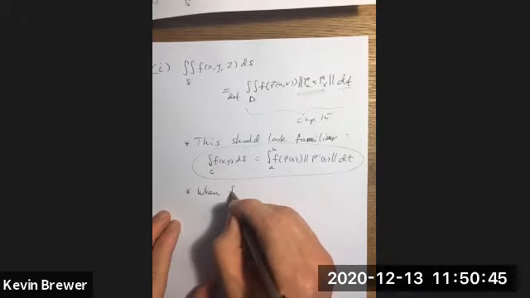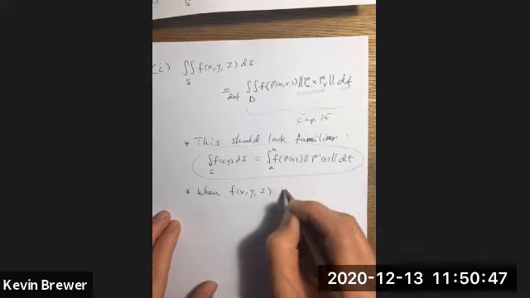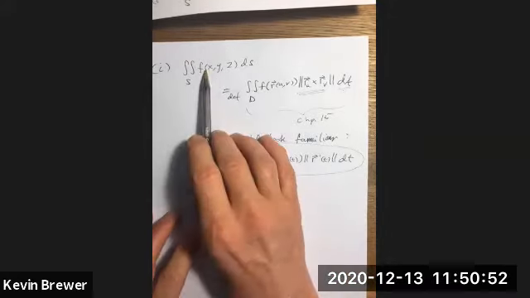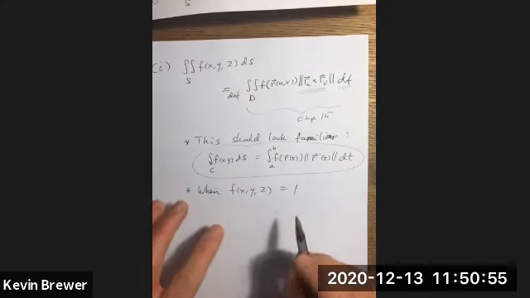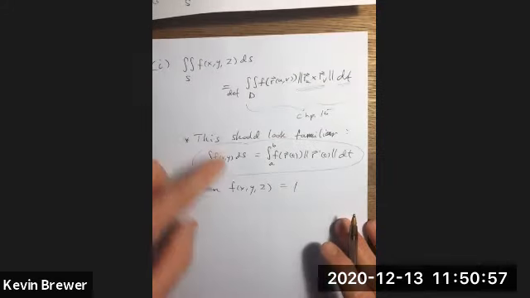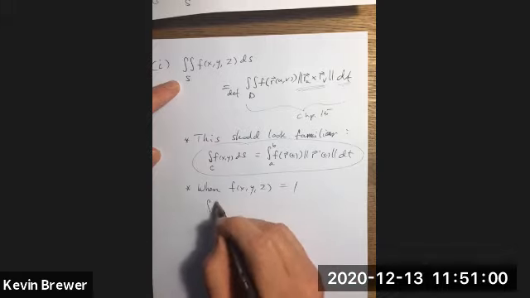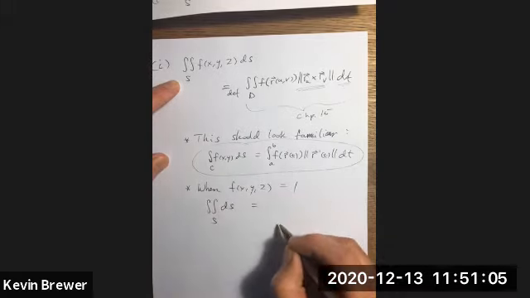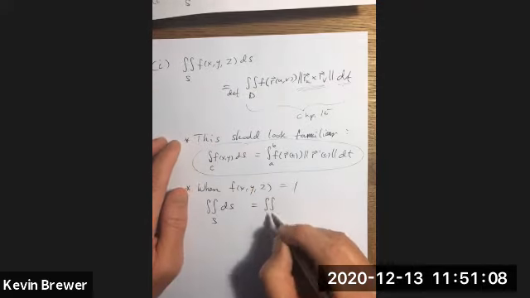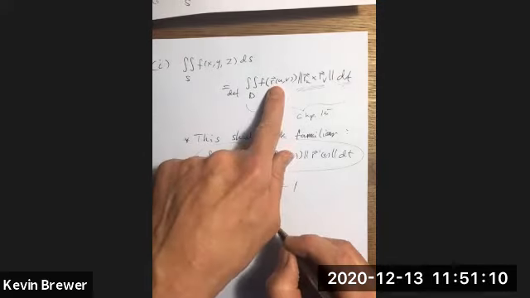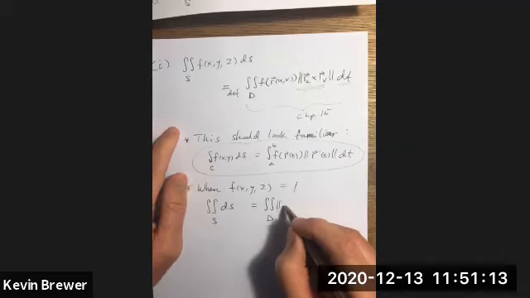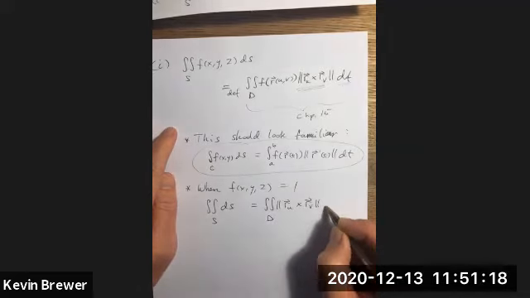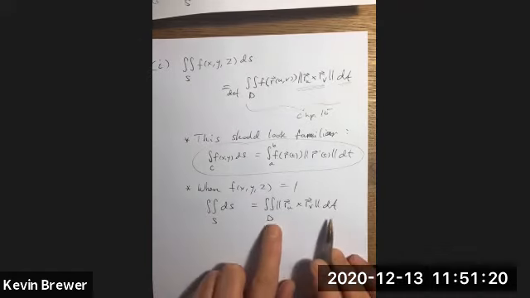Also, when f of x, y, z equals 1, what is all of this then? This tells us that the double integral over S of 1 dS is the double integral over D of the magnitude of r sub u cross r sub v dA.